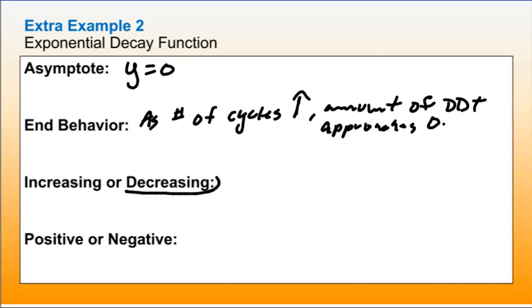And then this one would be decreasing, and it's always going to be a positive amount. So that is our lesson on interpreting graphs of exponential functions.